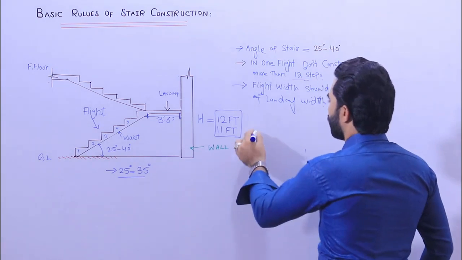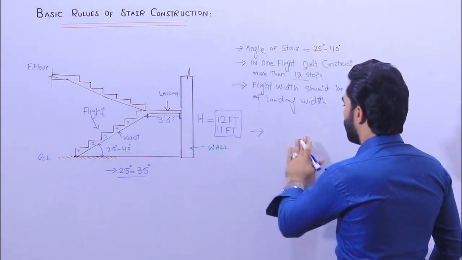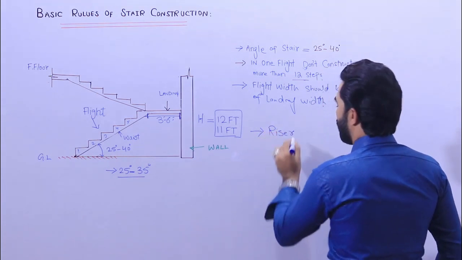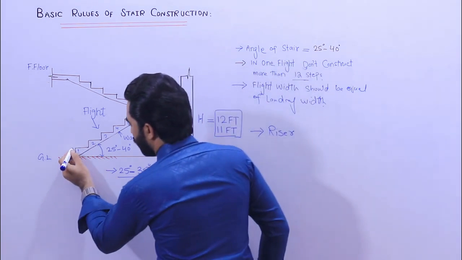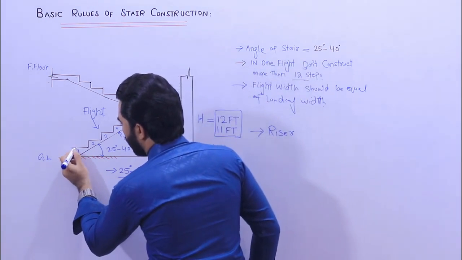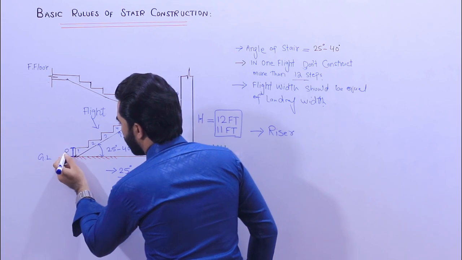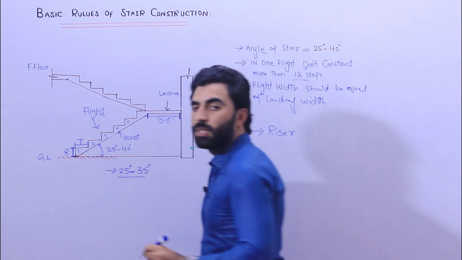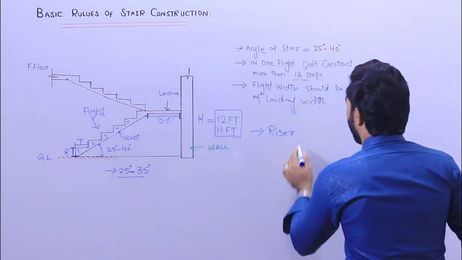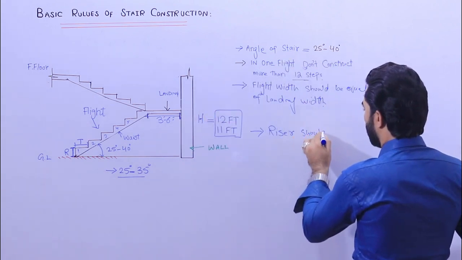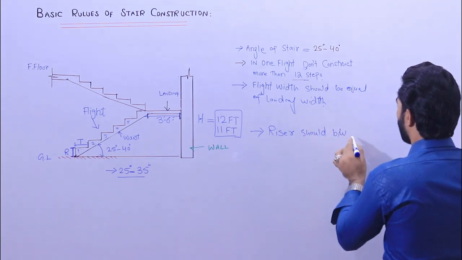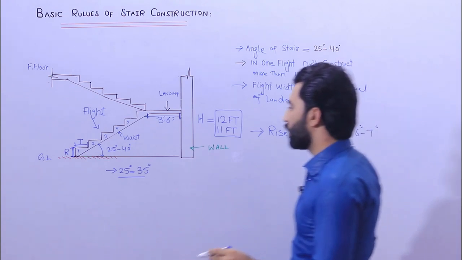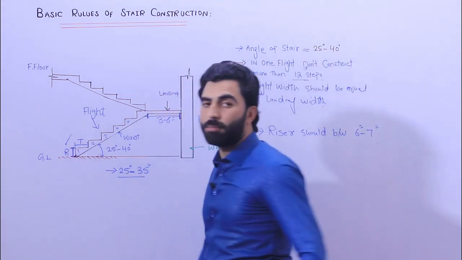Next guys, these are the rules. The riser, what is riser? This is riser. The vertical part is called riser and the horizontal part is called tread. A riser should be between 6 to 7 inches. So this height should not be more than 7 inches for a normal residential building.